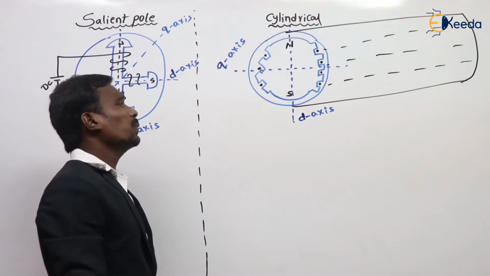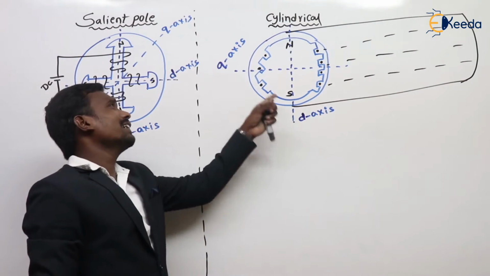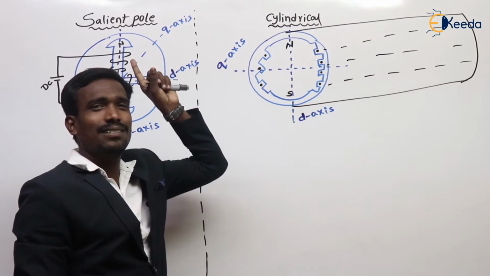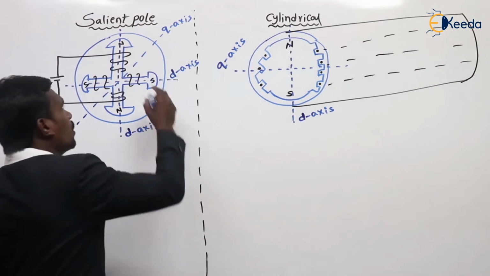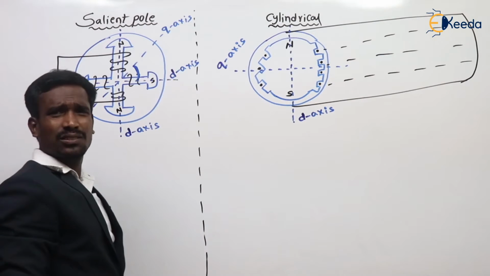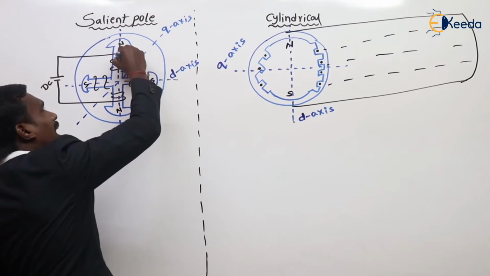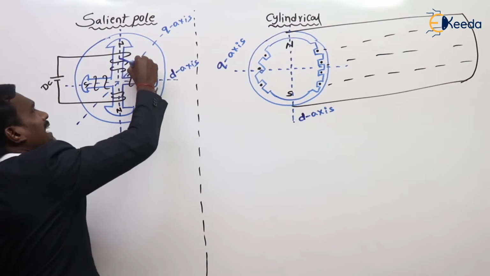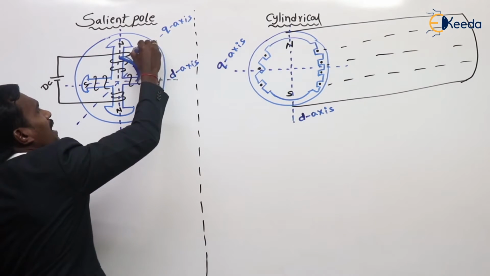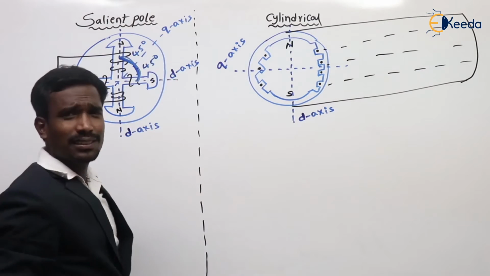What I said is, the angle between D axis and Q axis is 90 degrees. Can you tell me what is the angle here? Is this 90 degrees? No, actually this is 45 degrees and this is 45 degrees.